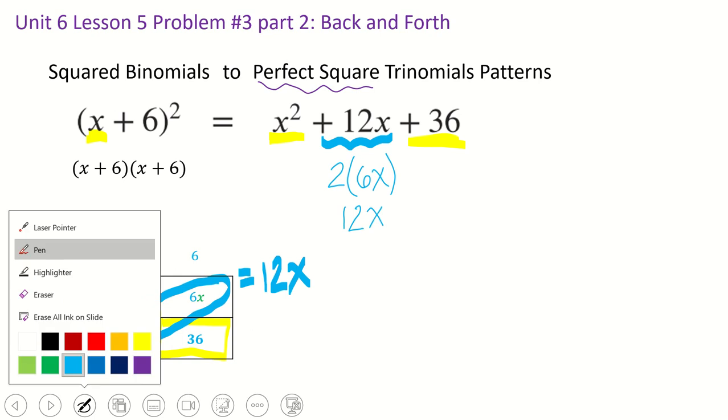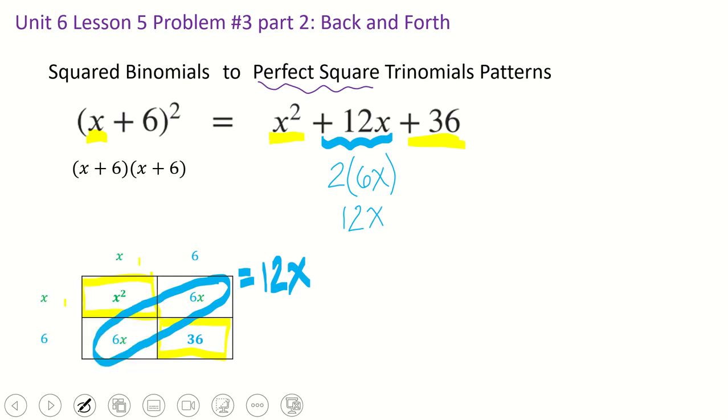The other pattern that we started to notice is, again, we can square our last term. So 6 squared is going to give us that 36. And we're also going to square our first term. So x times x is going to give us x squared. So notice, this is really the pattern that we started talking about and recognizing during our first activity.